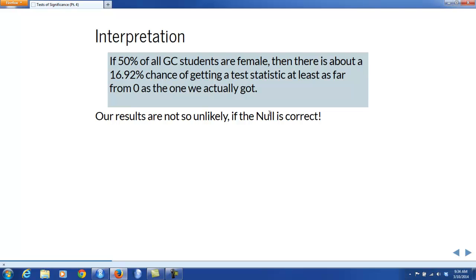Let's interpret this p-value for ourselves. If 50% of all Georgetown College students are female, then there's about a 16.92% chance of getting a test statistic that's at least as far from 0 as the one we actually got. Again, thinking this over, we see that the results of this study are not so terribly unlikely to occur if the null is correct.